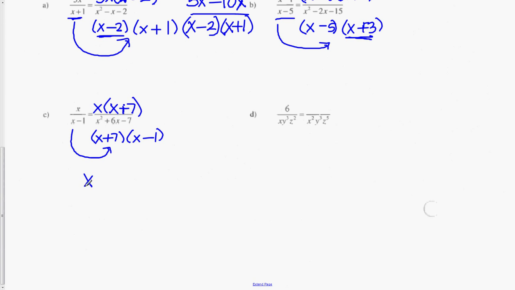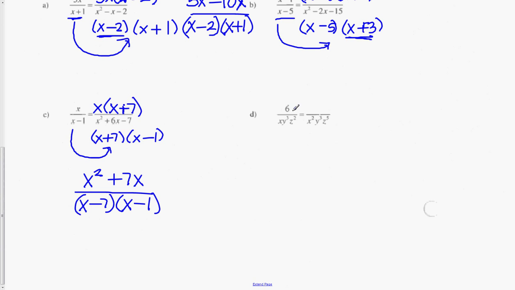So when I multiply that out, that gives me x squared plus 7x over x minus 7, x minus 1. And you know, the ones that just had distributive property are ones that I was multiplying out. I didn't multiply out that previous example, but you could do it. You could FOIL it and it would still be the right answer.